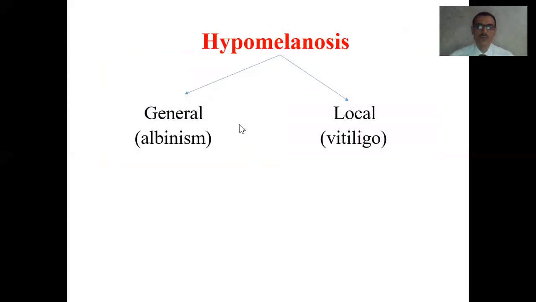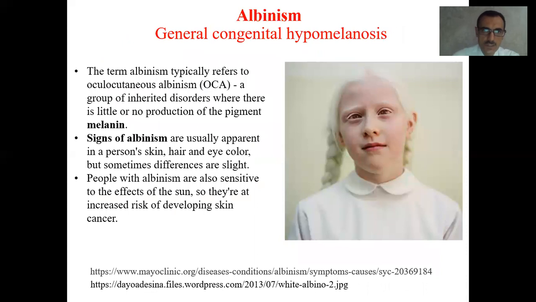And hypomelanosis can be divided into the general and local. General hypomelanosis is the congenital hypomelanosis known as albinism. The term albinism typically refers to oculocutaneous albinism, a group of inherited disorders where there is little or no production of the pigment melanin.